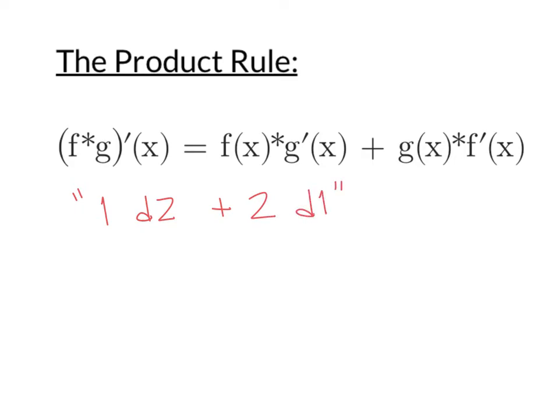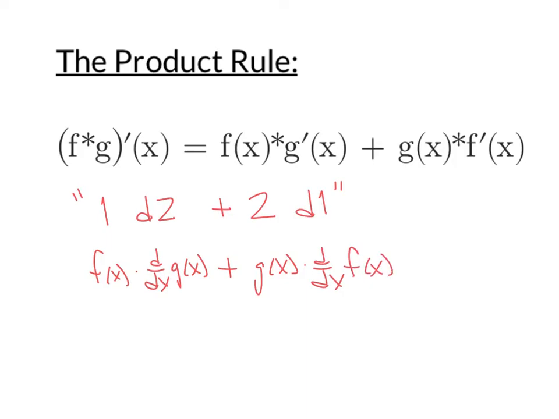Meaning that when we're looking at the derivative of f times g, it's going to be f of x times the derivative of the second function, that d dx of the second function, g of x, plus the second function times the derivative of the first function. And saying this might be more helpful in helping you to memorize and remember the product rule.